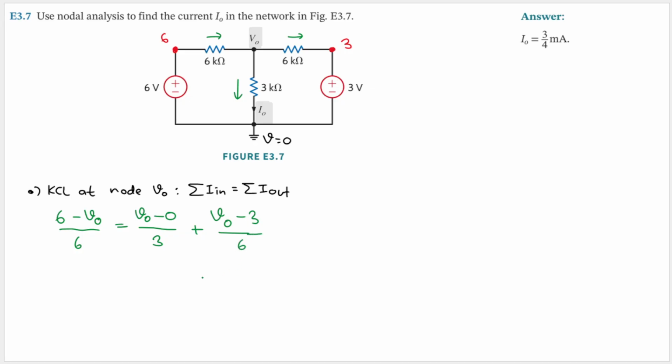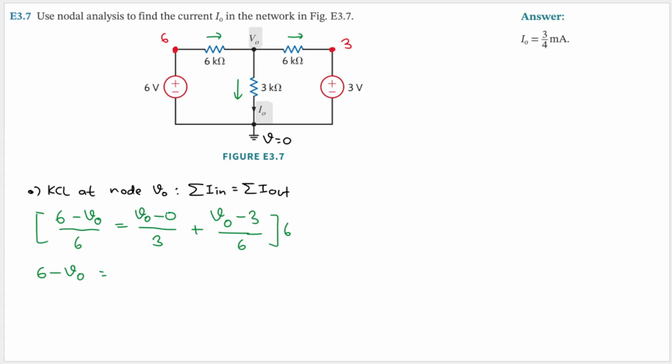Now let's multiply both sides by 6 to get rid of this denominator. The 6 and 6 will cancel each other, so we will have 6 minus V0 here, and then 3 and 6 will cancel into 2, but then 2 multiplied by V0 minus 0.